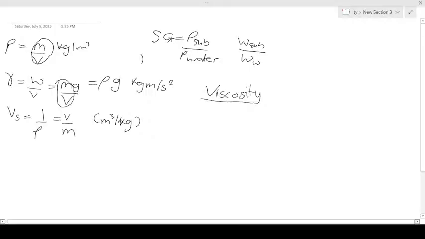Before your midterm, one thing that will be of importance to you is how to prove the formula for viscosity.